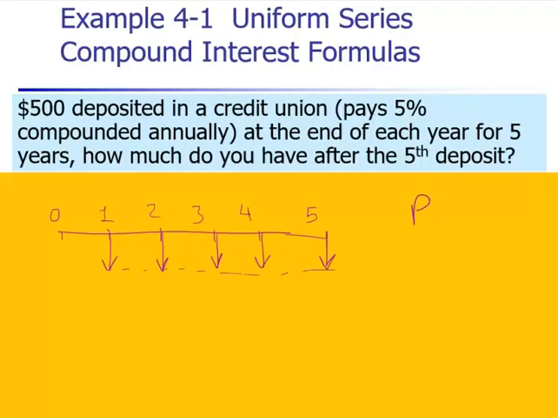So now what you have is that PMT. And I just want you to use Excel sheet to handle these things before I show you the answer. So you have this, and it says that 500 deposited in a credit union, and here also telling you the interest rate is 5%. At the end of each year for 5, how much do you have after the 5th deposit? So it is asking you how much do you have.